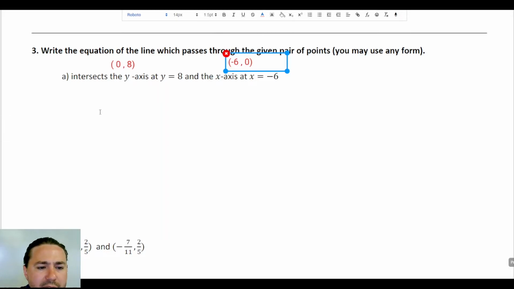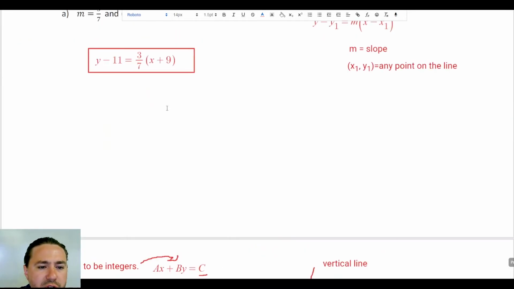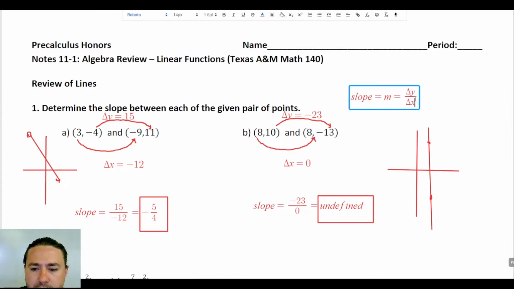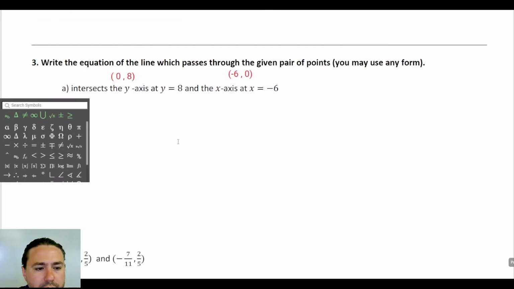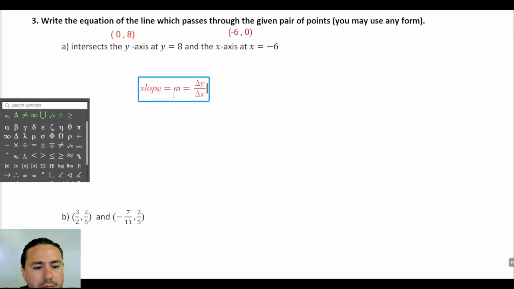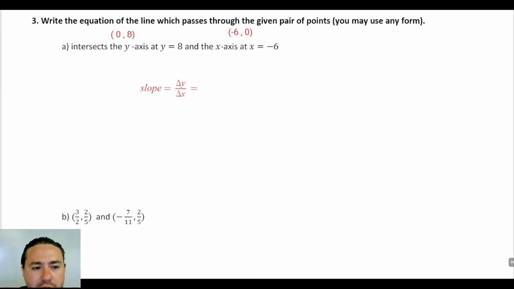So let's go ahead and calculate our slope here, which remember is change in y over change in x. Let's figure out our change in y and change in x. Our change in y to go from 8 to 0 would be -8.